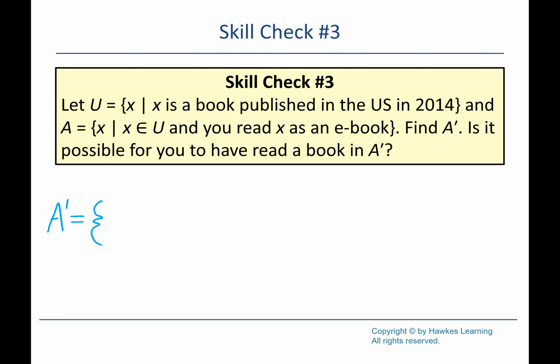So what books are in there? We can copy them a little bit. All right, we can say it's books published in the U.S. in 2014 that what? To be an A, we had to read it as an ebook. So to be an A complement, what?